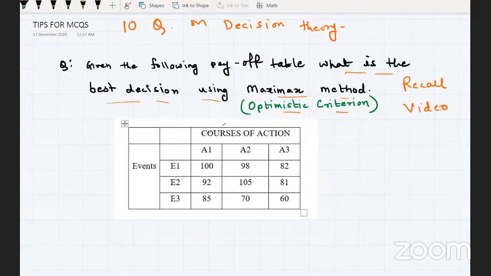There is a possibility that you get mixed up, you get confused, and when Maximax is asked you may use Laplace. So please take care. I will show you how the name of the method itself gives you the hint about how the steps are followed.